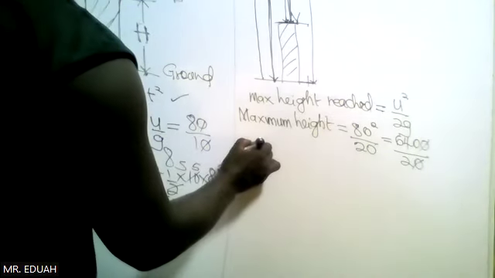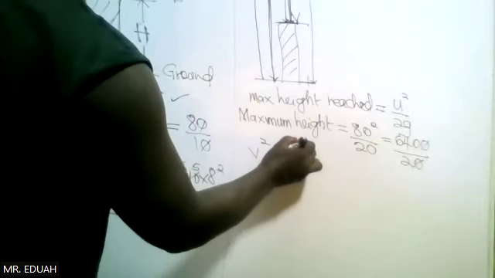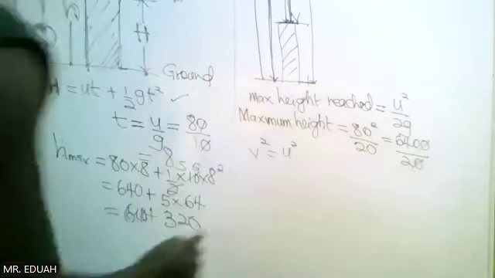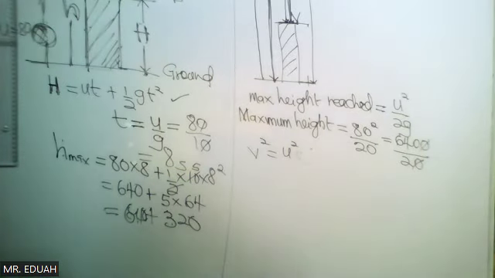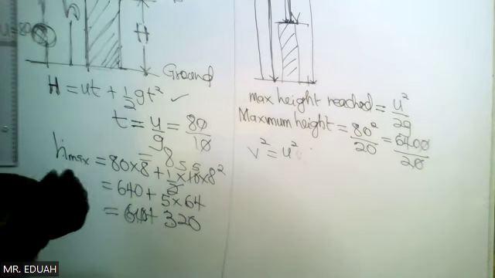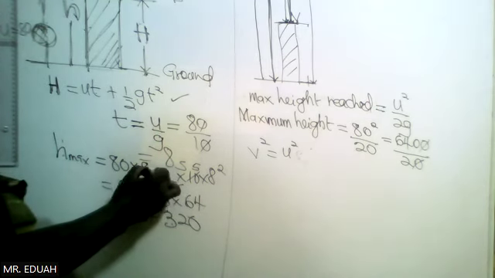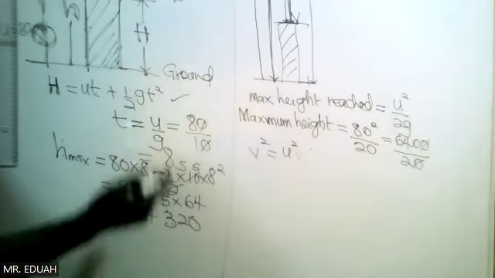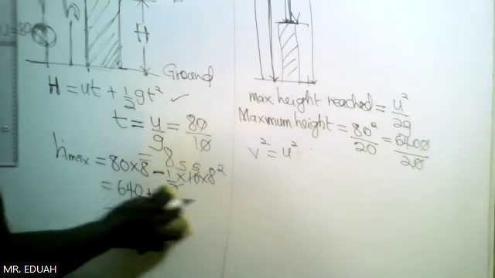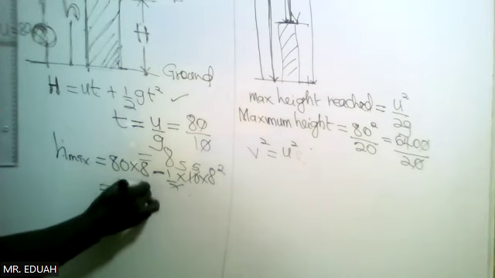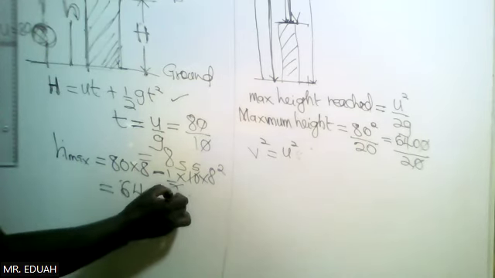Then here we are also using V squared is equal to U squared plus or minus. Okay, I've seen what is wrong. What is wrong is we are going up, so this must be minus. We are looking at when the body is going up, the deceleration is due to gravity. So it must be 640 minus 320.